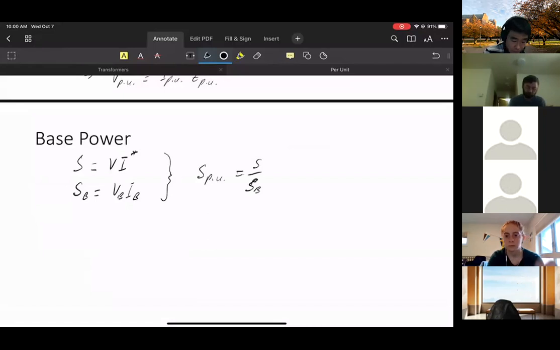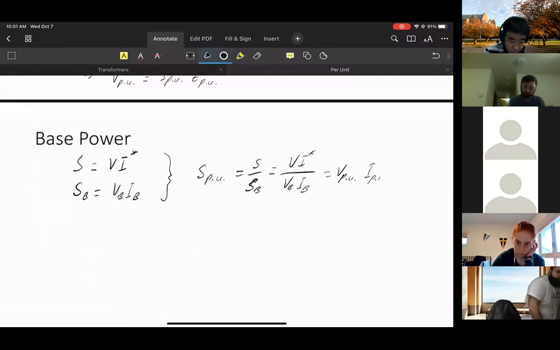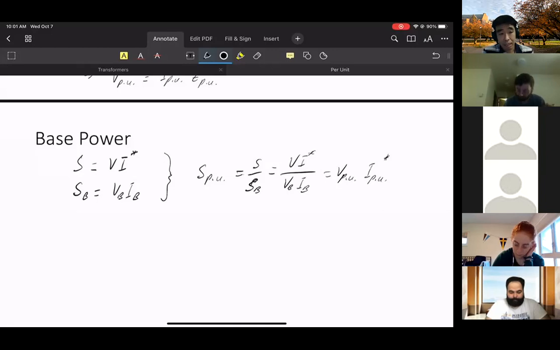Makes sense. This is V I star over the base units for voltage and current. So the expected laws still hold. If you choose, for example, the base voltage as 100 kilovolts and the base current as 10 amps, then the base power should be 1 megawatt. Sorry, 1 MVA. Okay, so that's the idea. It should all be consistent with the choices.